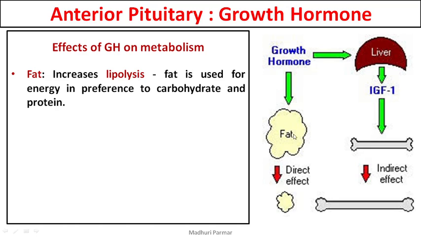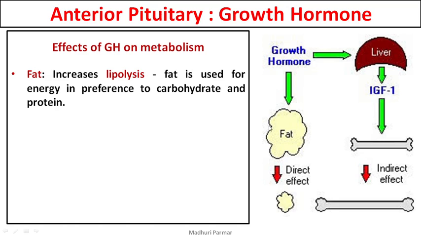The fatty tissue or adipose tissue will decrease in size, will decrease in number. Why? Because all of this stored fat is used for energy, right? As you keep on utilizing fat for energy, the amount will keep on decreasing.